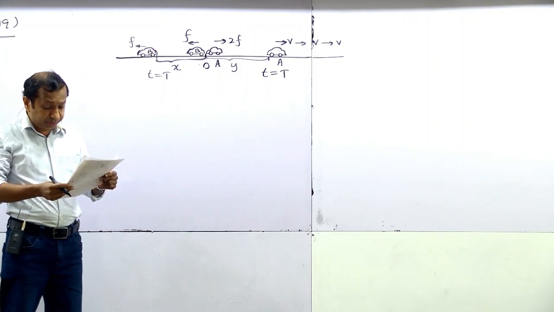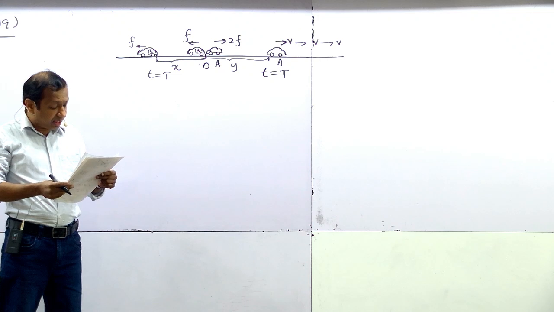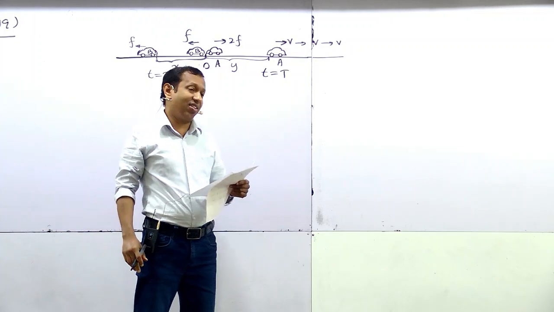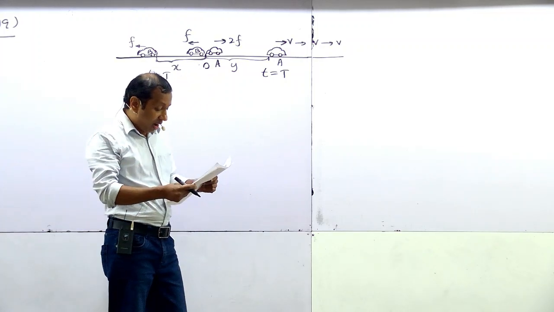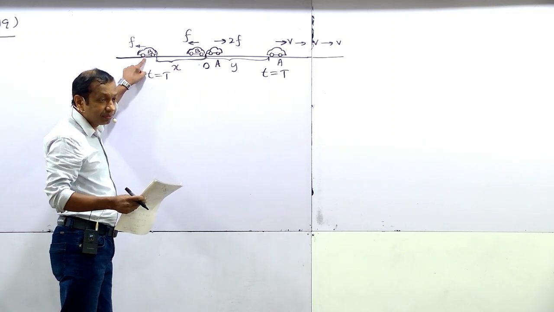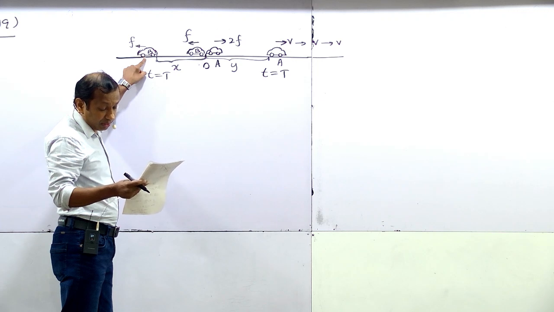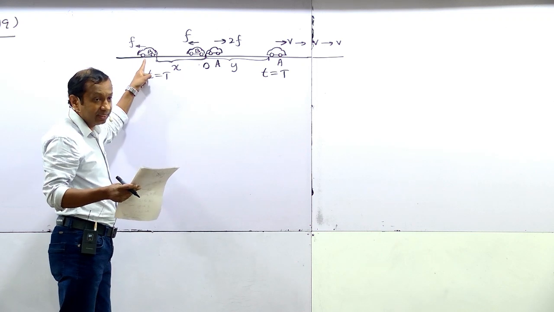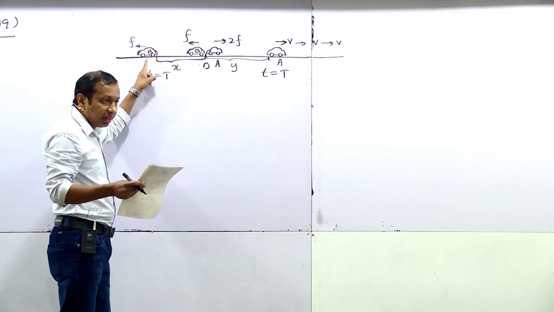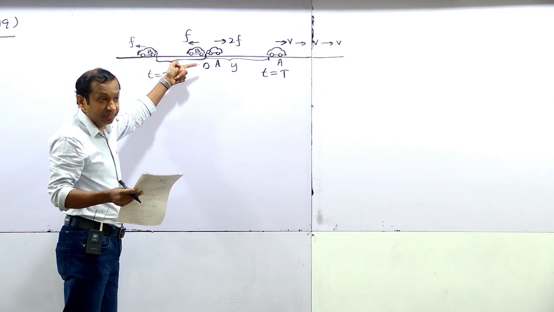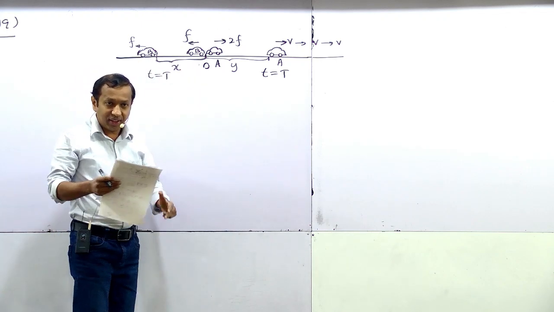At time capital T, car B meets another car C moving in the opposite direction of B. At time capital T, car B is here. Once the car B passes to the left, at this moment another car C is traveling rightward.